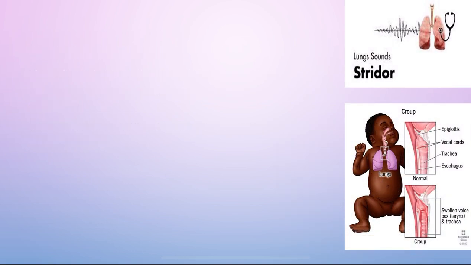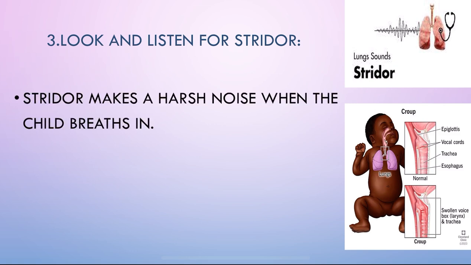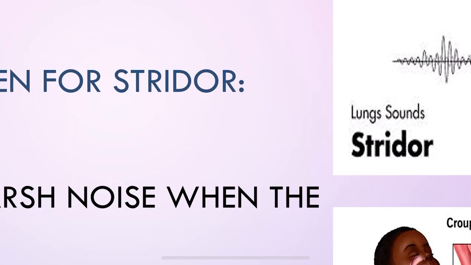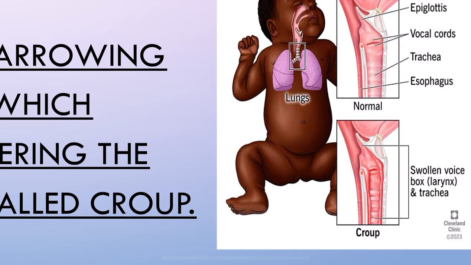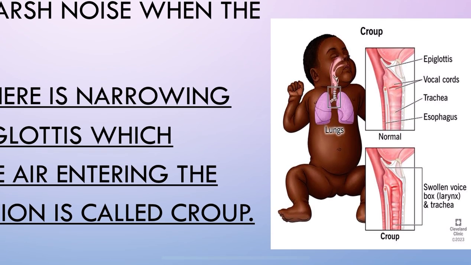Next, we need to look and listen for the stridor. A child with stridor will make a harsh noise when he breathes in. The child who is having stridor, he will make a harsh sound especially when he is breathing in. Stridor occurs when there is a narrowing of the larynx. You can see the vocal cord here, larynx.